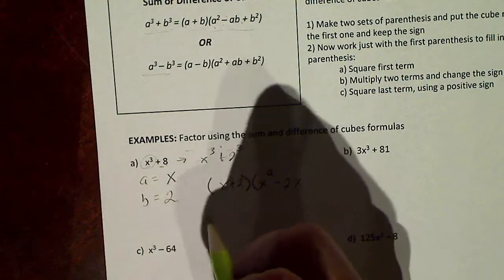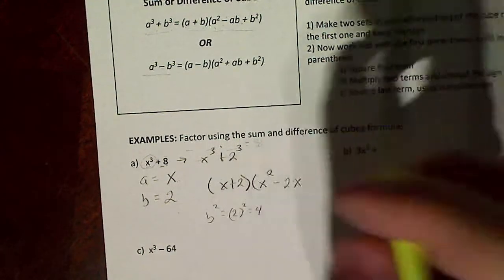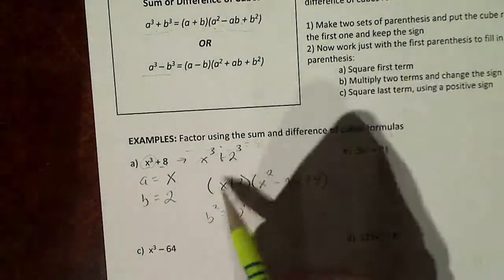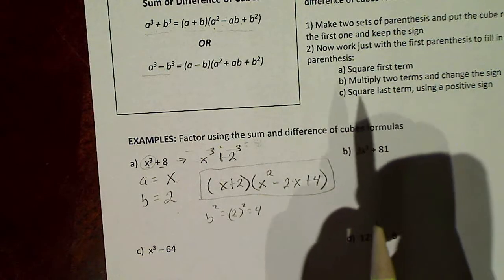We know b is 2, so b squared is 2 squared, which becomes 4. So this becomes plus 4. And there are your factors for a sum of cubes.